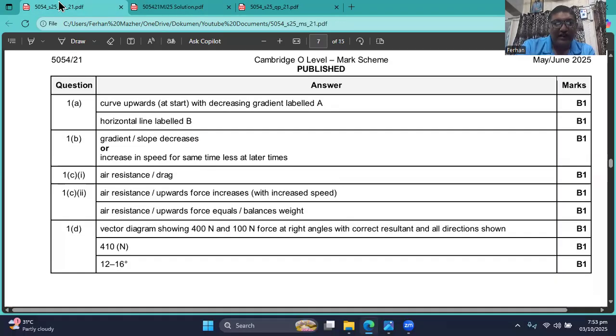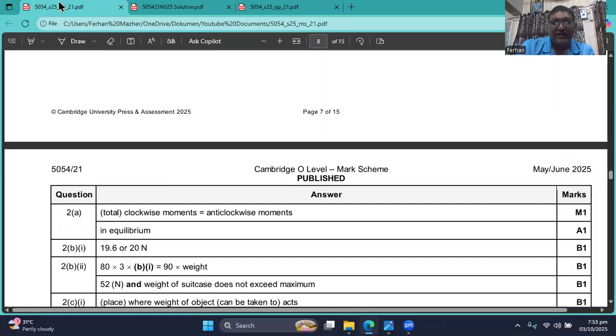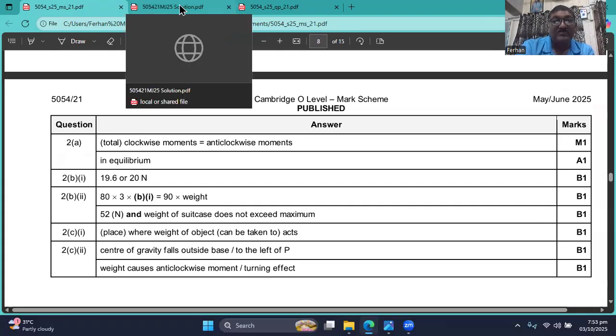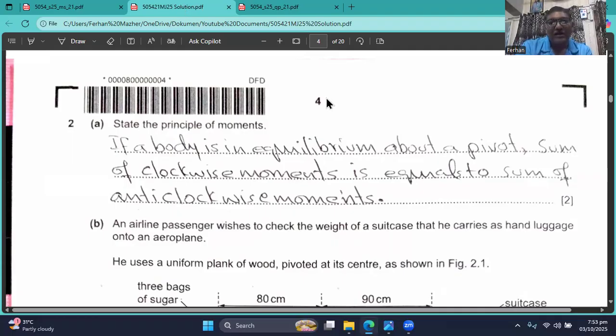Question number 2, A part. And here comes the marking scheme. Saying the word "in equilibrium" is very, very important. When most of my students write this two marks answer, they do not write "in equilibrium". The words "a body in equilibrium" are very, very important.